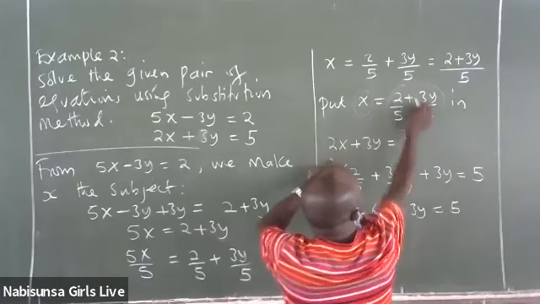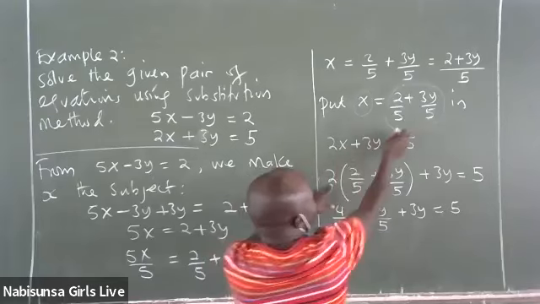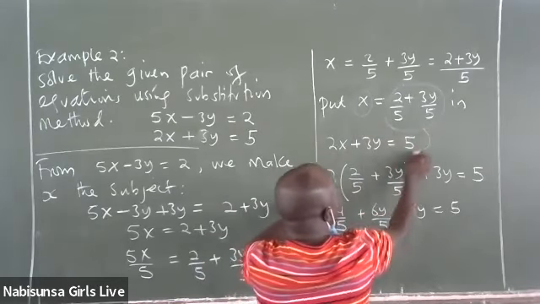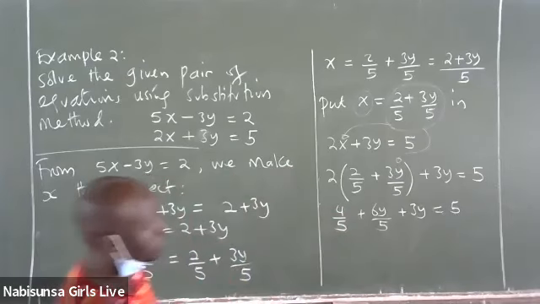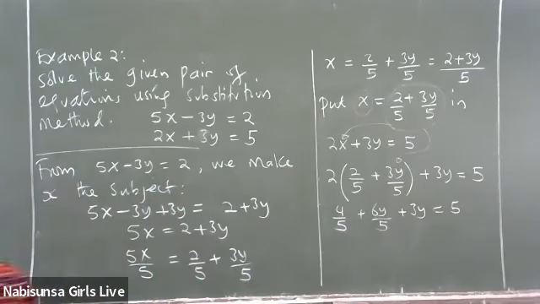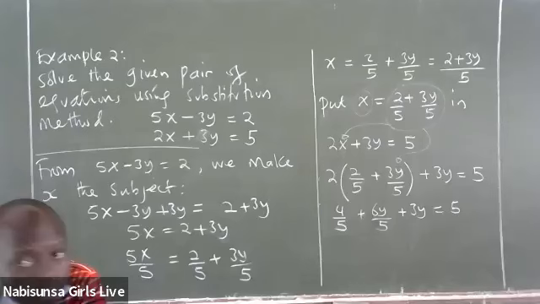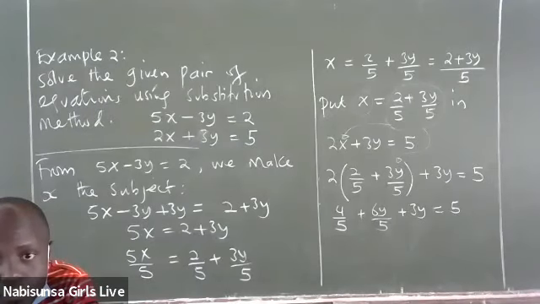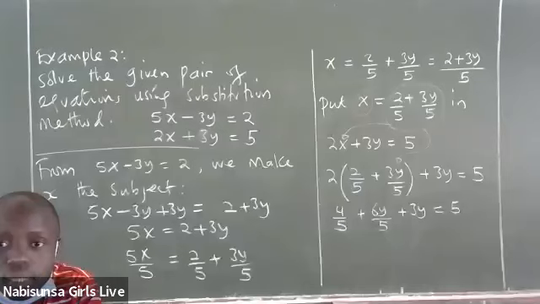So where there is x, there is something like this. So this is 2 times x, then the x is this one. So it is this one that I'm replacing where there is x. Do you see that placement? Yolanda, do you see the placement? Yes, teacher. Are you fine?